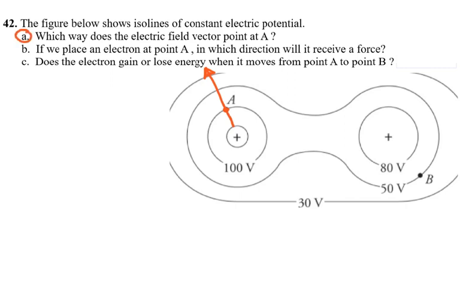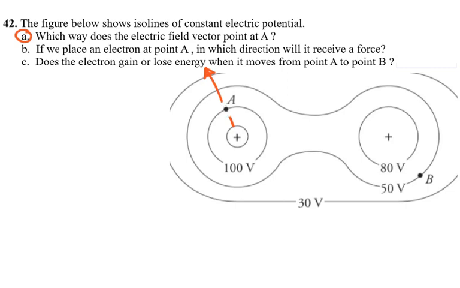If we place an electron at point A, in which direction will it receive a force? So if there is an electron at point A, then the force acting on it is going to be toward the positive charge, but there are two positive charges.